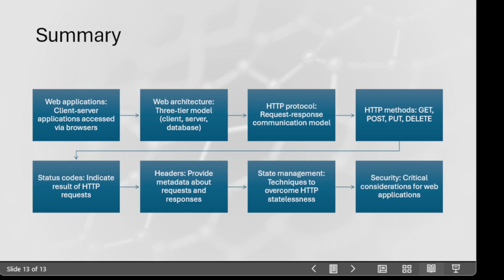We have also discussed the stateless nature of HTTP and strategies for maintaining state across requests, such as cookies and session management. Finally, we touched on important security considerations, including the need for HTTPS and protection against common web vulnerabilities.